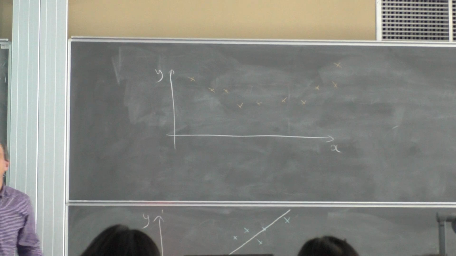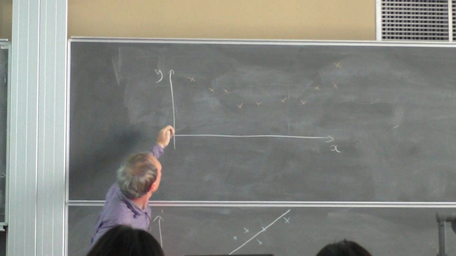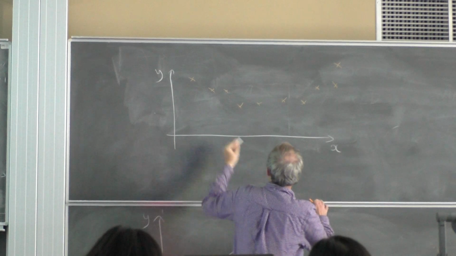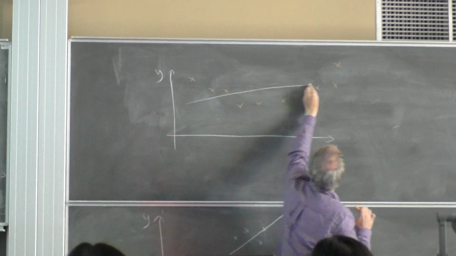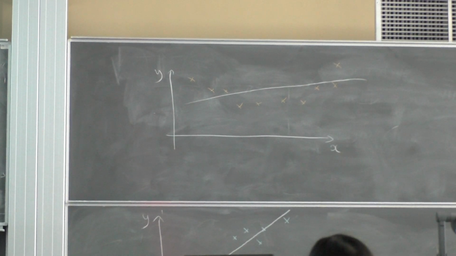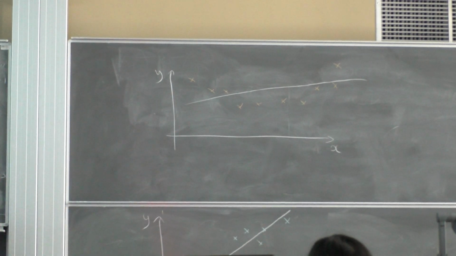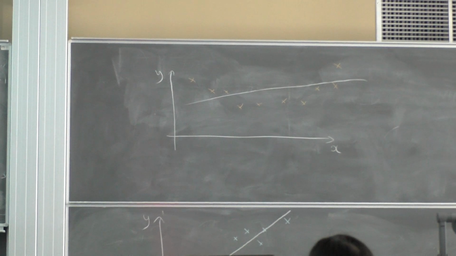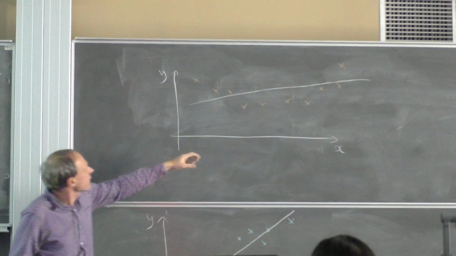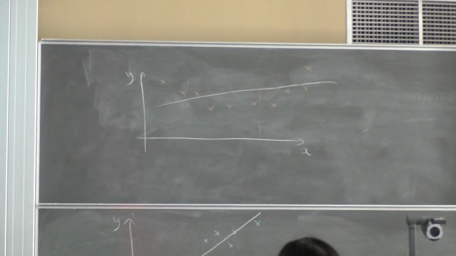Now, we could fit a straight line through these points, and maybe it would actually be the right thing to do. So, it probably looks something like that. But there'll be situations where this apparent pattern of large values of y at the beginning and the end, for small or large values of x, and small values of y for medium values of x, might not just be an artifact.